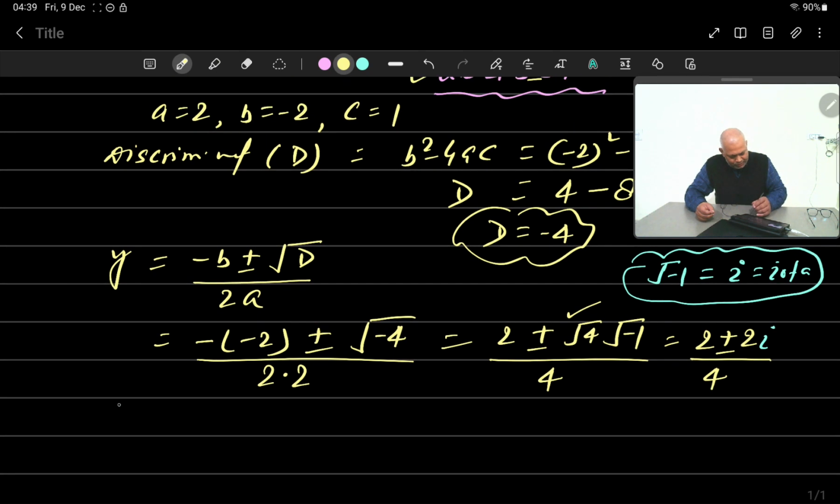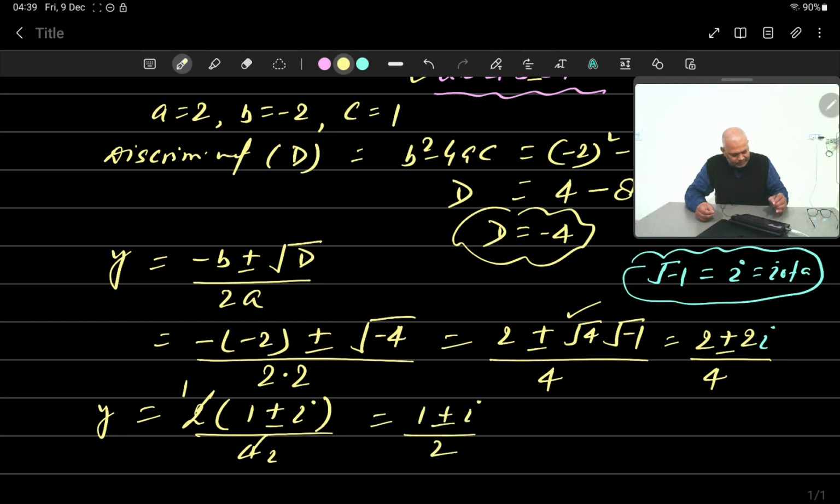So your answer will look like y equals 2 is common here, 1 plus minus iota divided by 4. So 2 ones are 2 and 2 twos are 4. So this will become 1 plus minus iota divided by 2.